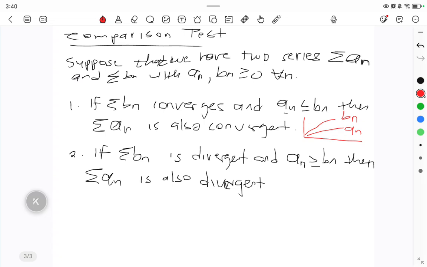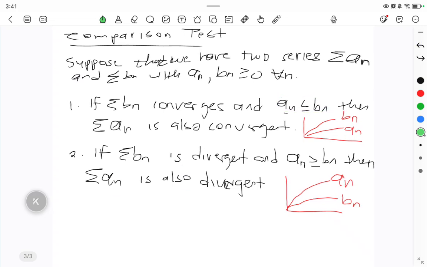If bn converges, meaning it goes down, an will also converge. Then the second one, it says now that an is bigger, bn is small. If bn diverges, if bn goes up, an will be forced to go up. You say, right? Now I want us to move with this one, because we can have two cases. So it's not always the case that an will be less than bn. It can be bigger than bn.